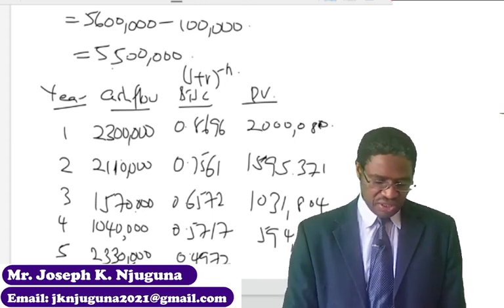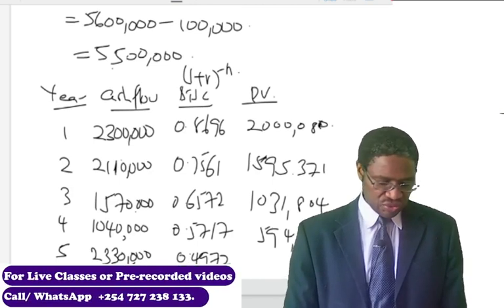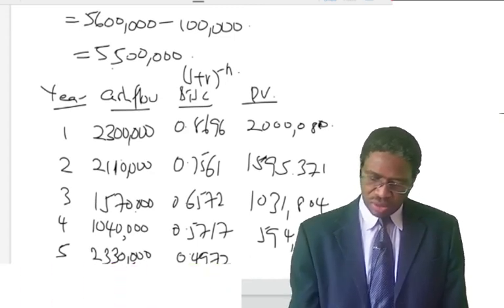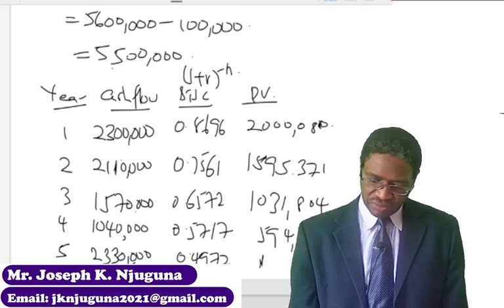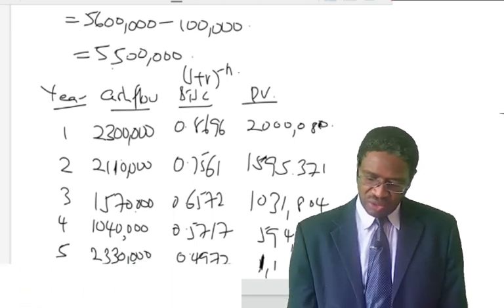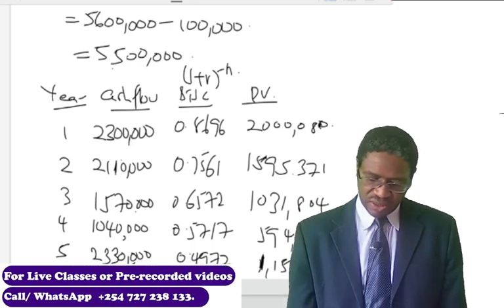Finally, we take 2330, multiply that by 0.4972. I am getting an amount of 1,158,476.